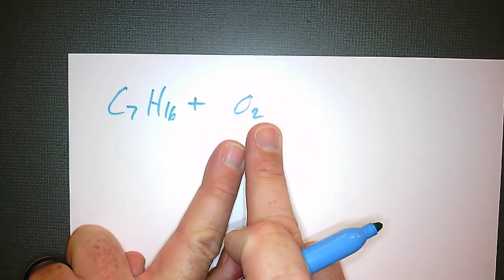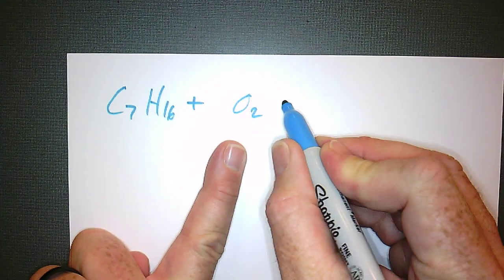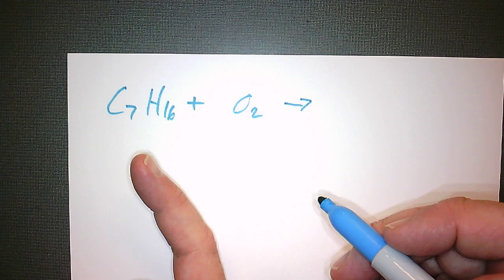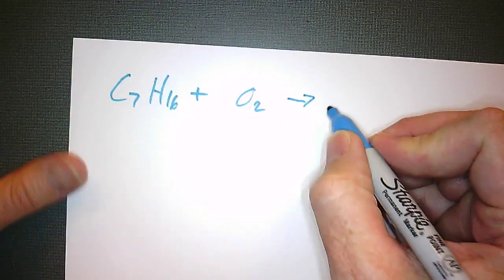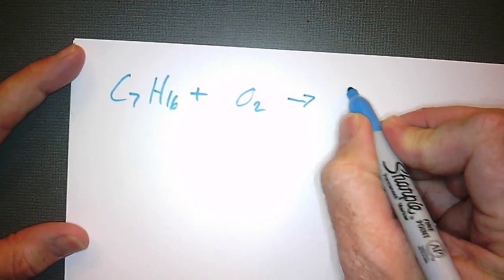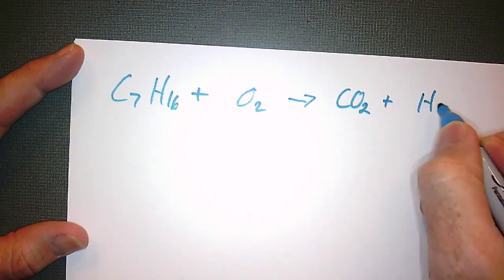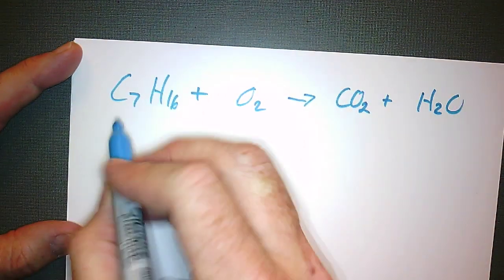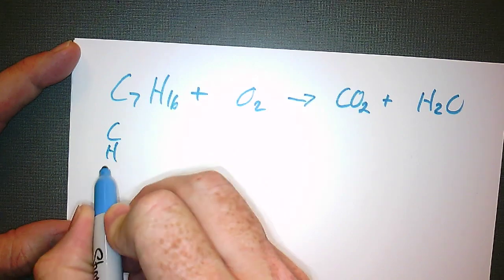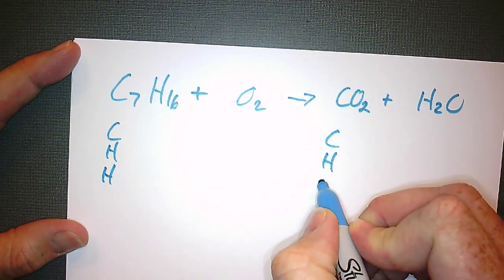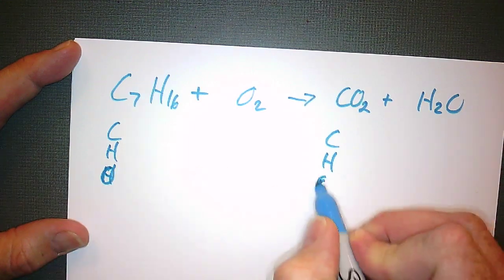Plus oxygen, that's going to be, for what we are doing, a combustion reaction. The product for complete combustion is always going to be CO2 and H2O. All right? When we do this, write your elements down below.